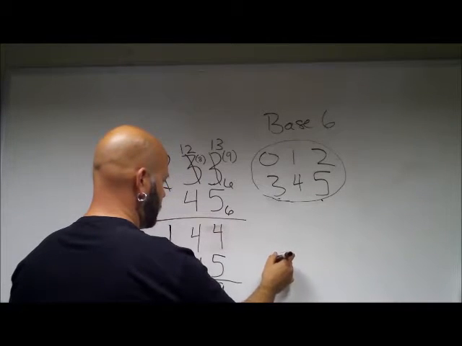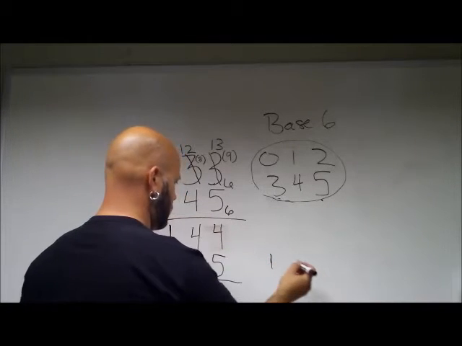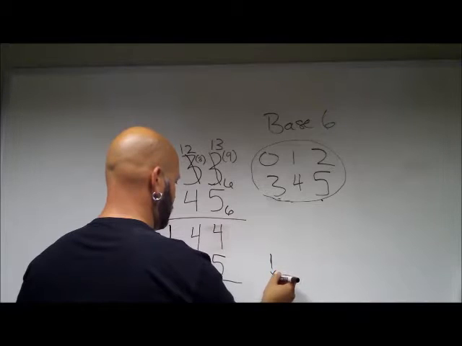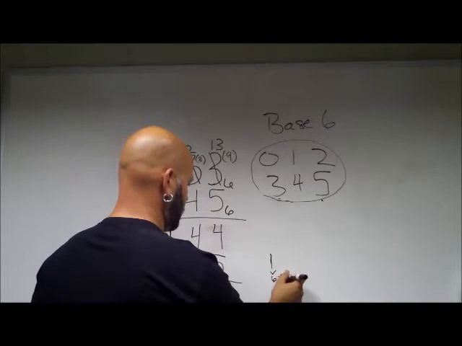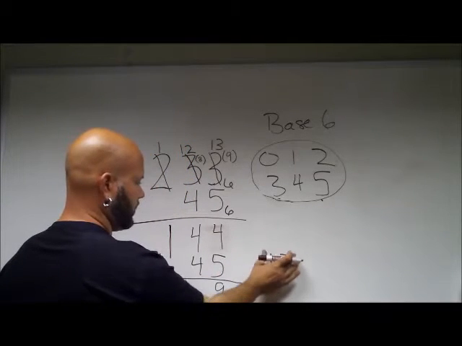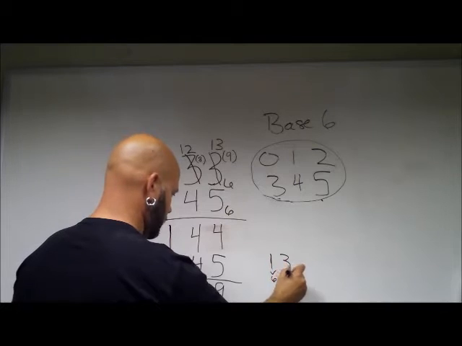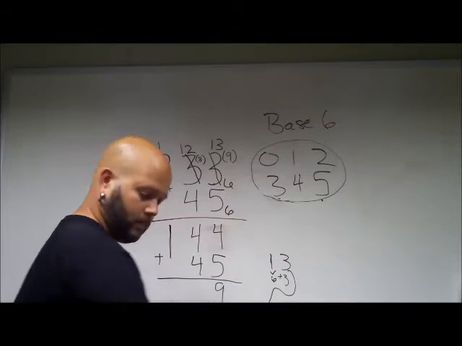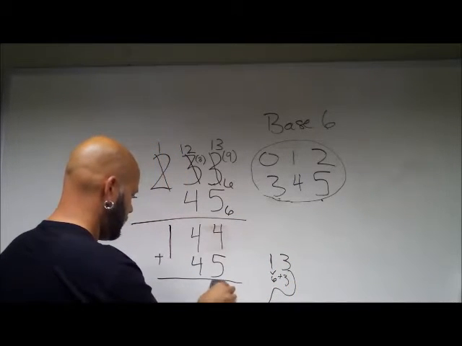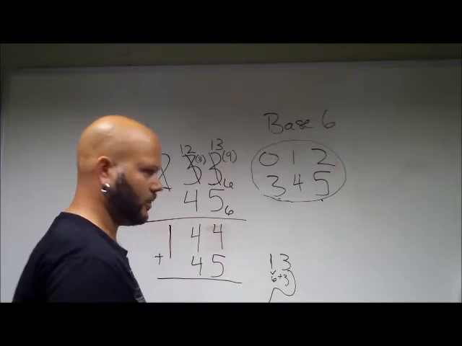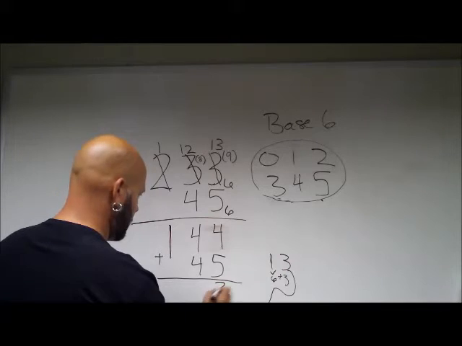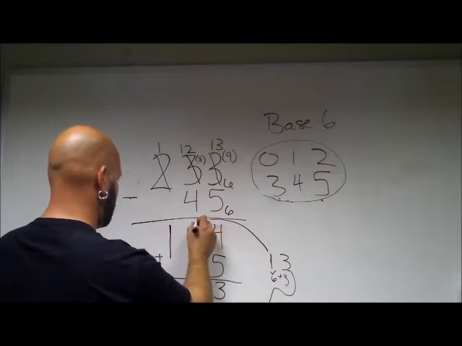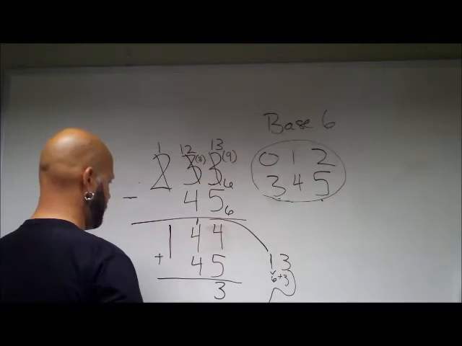So that means we have one group of 6, and the difference between 6 and 9 is 3, so we need to add 3 more. So this set goes right here. So essentially we're saying that it equals 13. So we'll put the 3 in this space, and then we'll carry this 1 up over here.